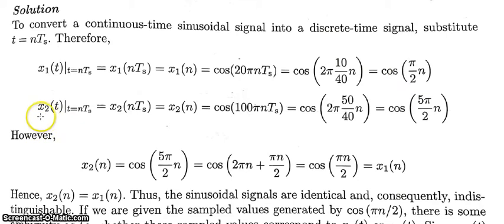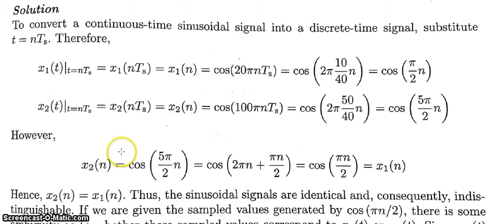And second signal x2 of t at t equal to n Ts is x2 of n Ts. In short we write it as x2 of n, which is cos 100 pi n Ts. So it is 2 into 50 pi into n divided by 40. Ts is 1 by 40, so we get it as cos 5 pi by 2 n.